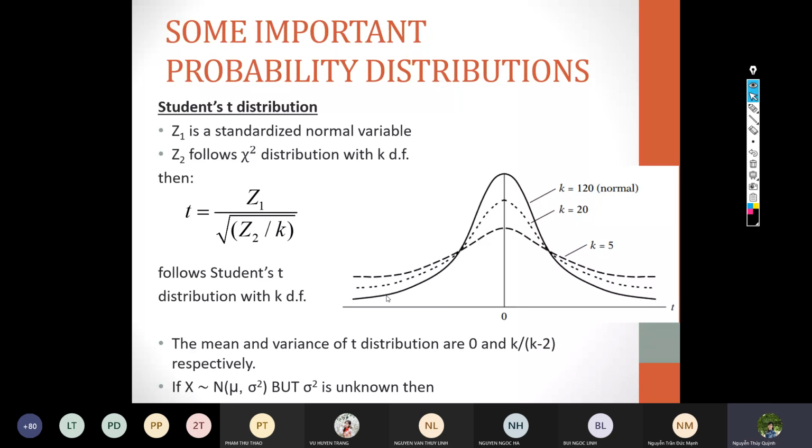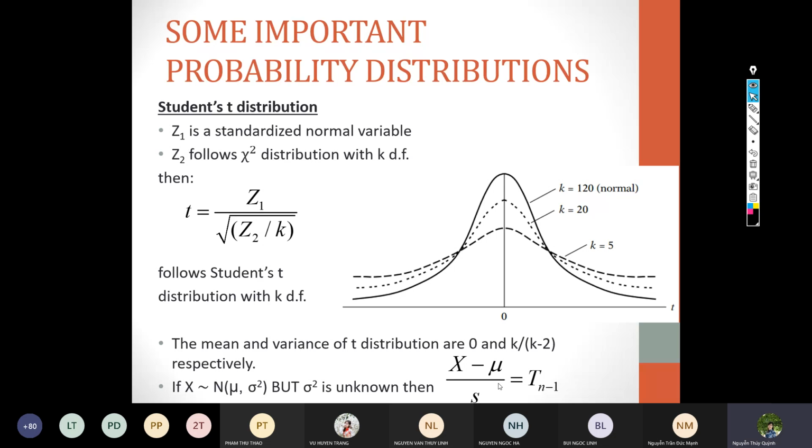Then a t value calculated by the formula x minus the population mean mu, divided by the standard error s, will follow a t distribution with n minus 1 degrees of freedom, where n is the sample size.